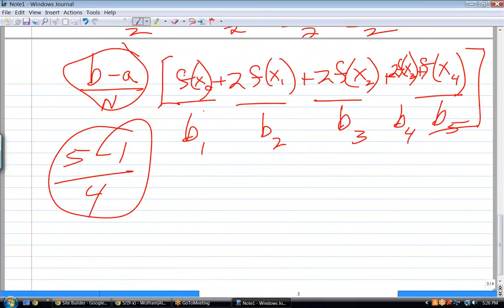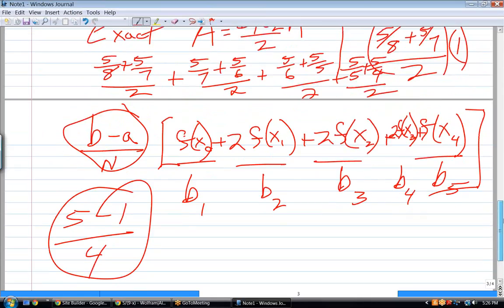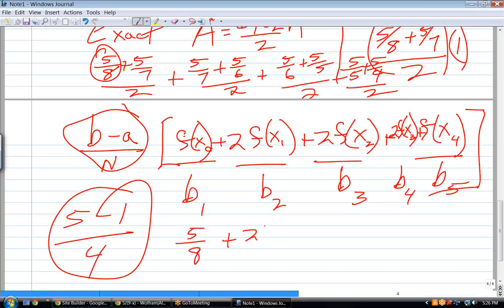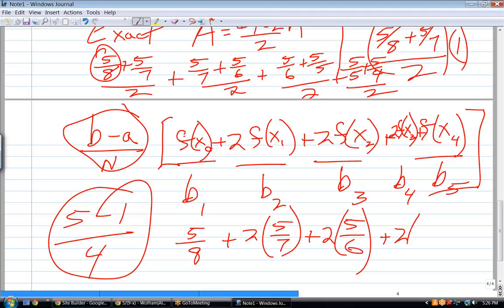So if we figure this out based on their formula, it's actually a little bit easier. We don't have to go through and find the average between those fractions. This is base 1. I only use f of x sub 0 once, so that's 5/8 plus 2 times 5/7 plus 2 times 5/6 plus 2 times 5/5 plus 1 times 5/4.